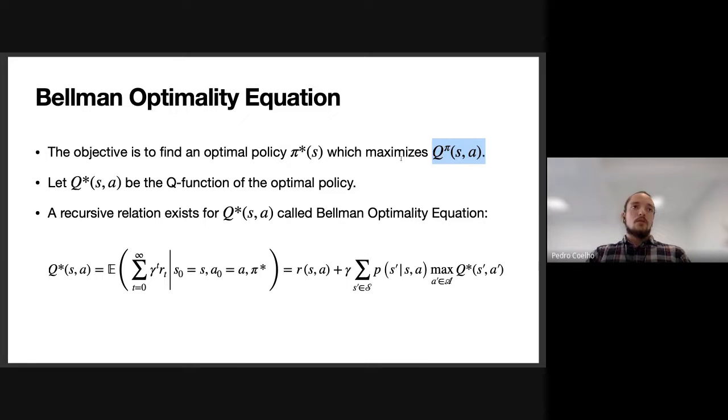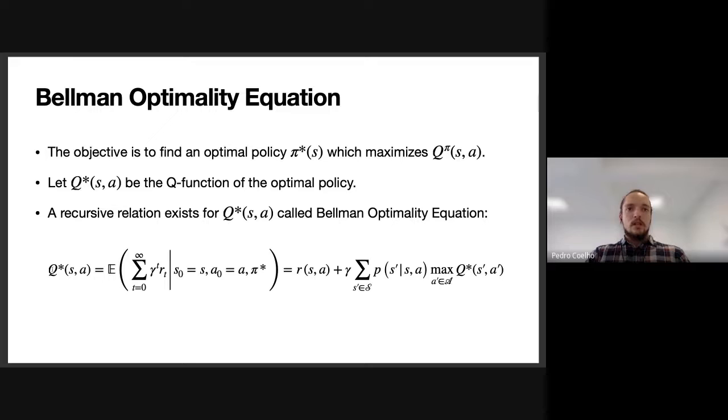And so let's assume that we have an optimal Q table or an optimal Q function, which we call Q star. We know that there's a recursive relation for this Q star, which is called the Bellman optimality equation. I'm just putting it here. I'm not putting the derivation, but you can easily find it online, and it's not that complicated.